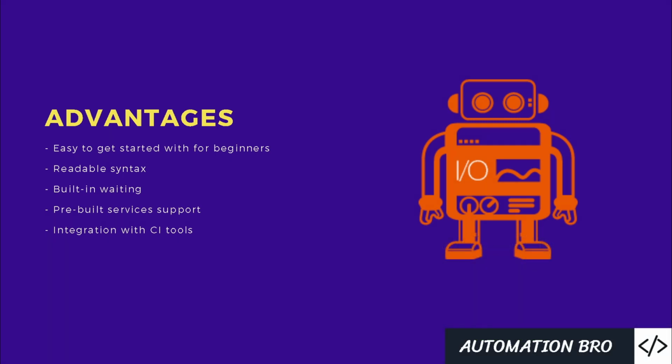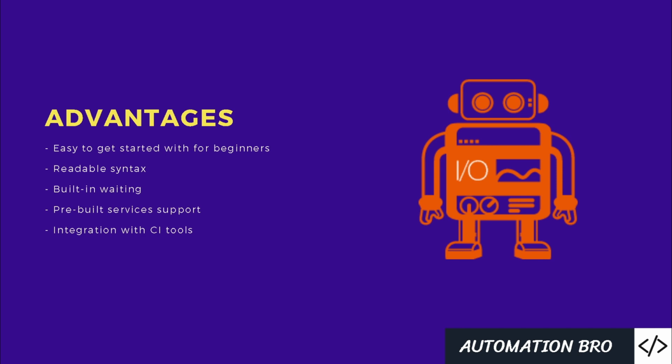So the next one is the built-in waiting. WebDriver IO provides a built-in wait mechanism that automatically and explicitly waits on the element before interacting with it, hence making your test stable and reducing flakiness in your framework. Another great advantage of using WebDriver IO is that it has support for various services, which makes a lot of complex integration really easy.